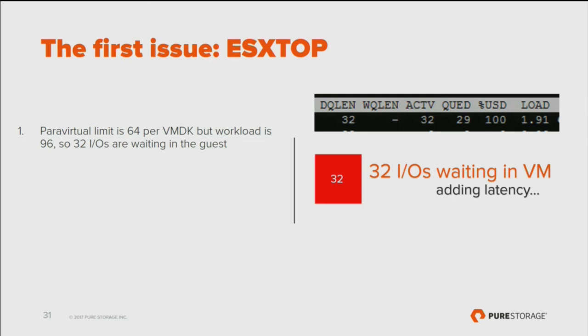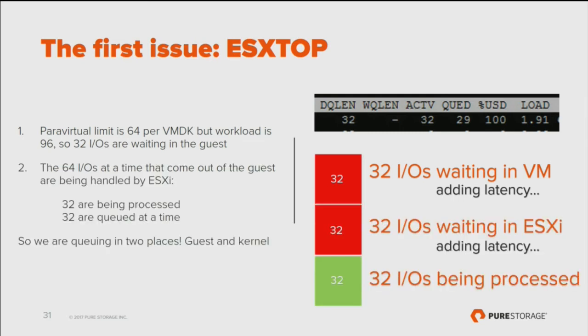And so 32 more are waiting inside of ESX. So I have 32 IOs waiting inside of my VM, and I have 32 IOs waiting at any given time inside of ESX, both adding latency. And because my overall average latency is much higher, I can do less IOPS, because everyone's waiting, and we're waiting in two parts of that stack.